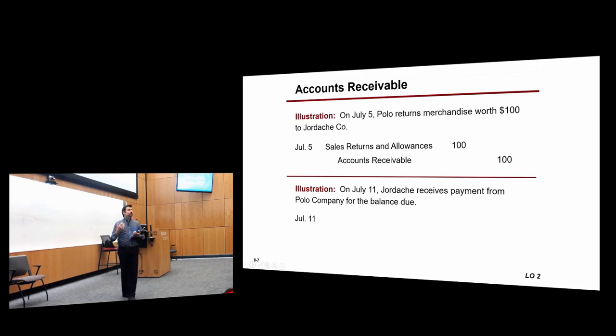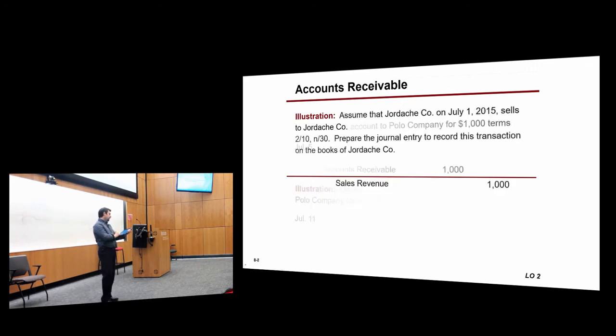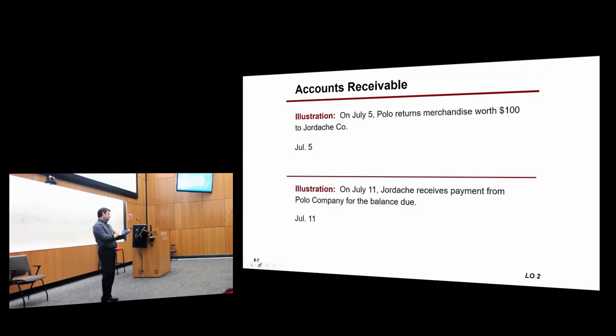Okay? So the customer returned to the company goods that were sold for $100. On July 11, the company also received a payment that was within the discount period, right?